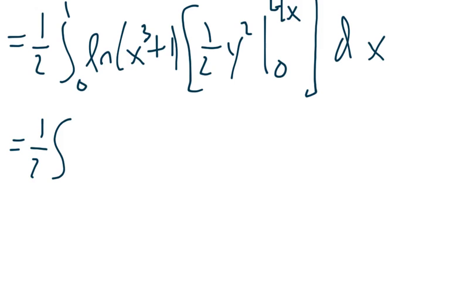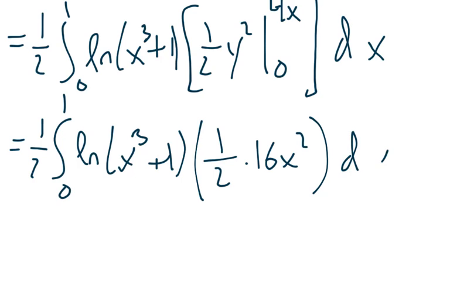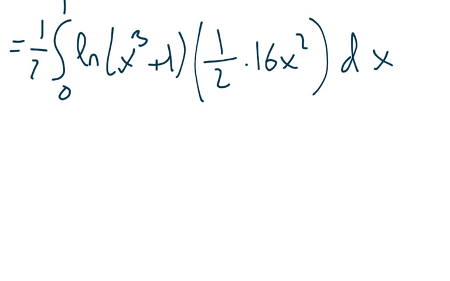So 1/2, this doesn't change, it's 0 to 1, ln(x³ + 1). And we have 1/2 times 16x², and the lower bound just gives 0, right? Okay. So, these cancel, this becomes an 8.